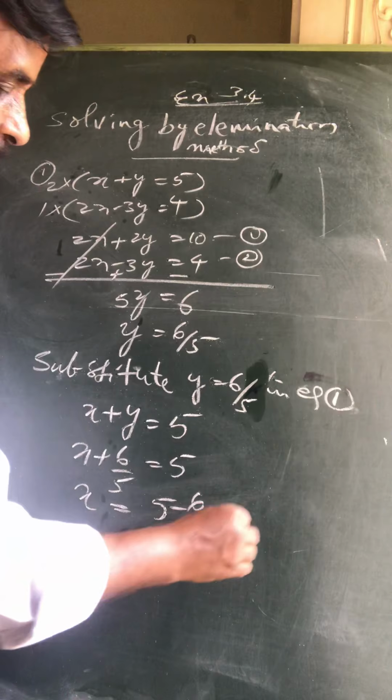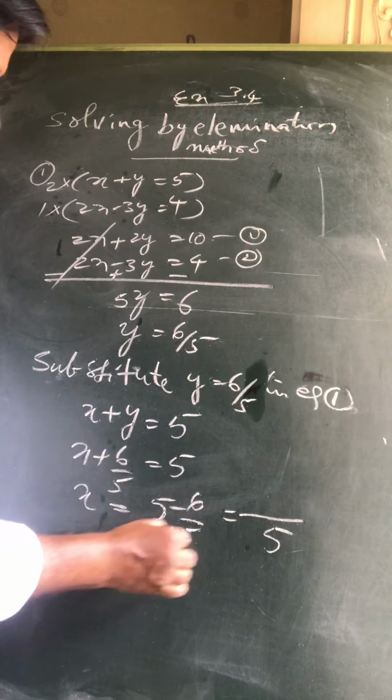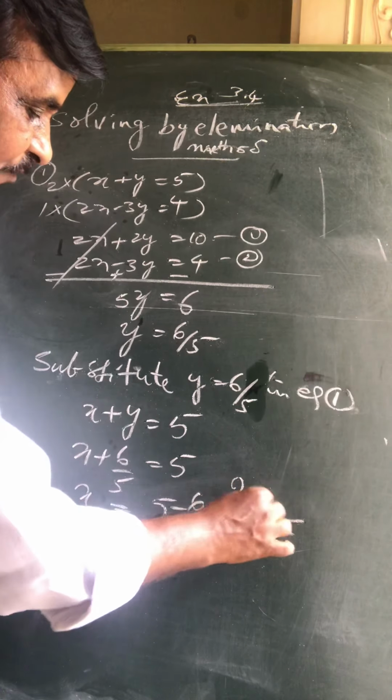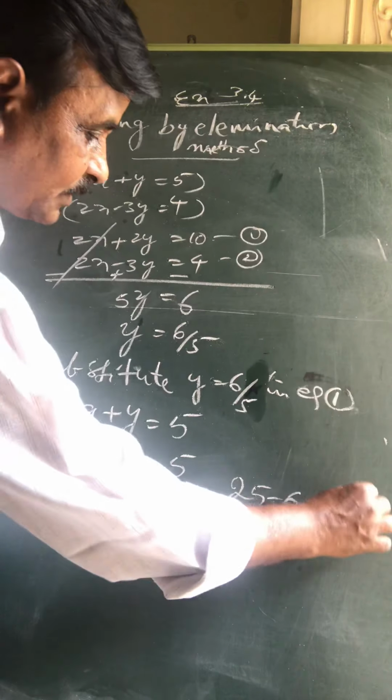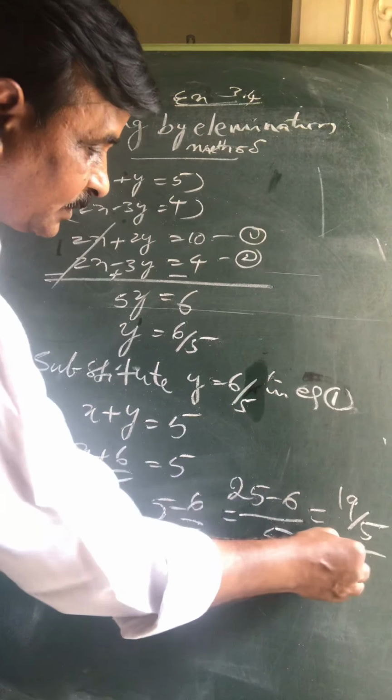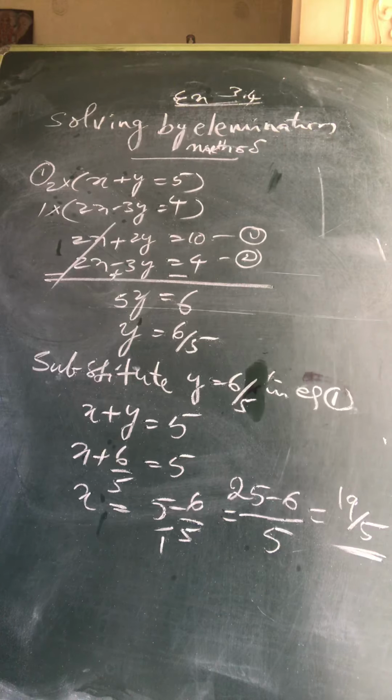The LCM is 5: 5 fives are 25, minus 6 is equal to 19 by 5. This is the value of x. Therefore, x is equal to 19 by 5 and y is equal to 6 by 5.